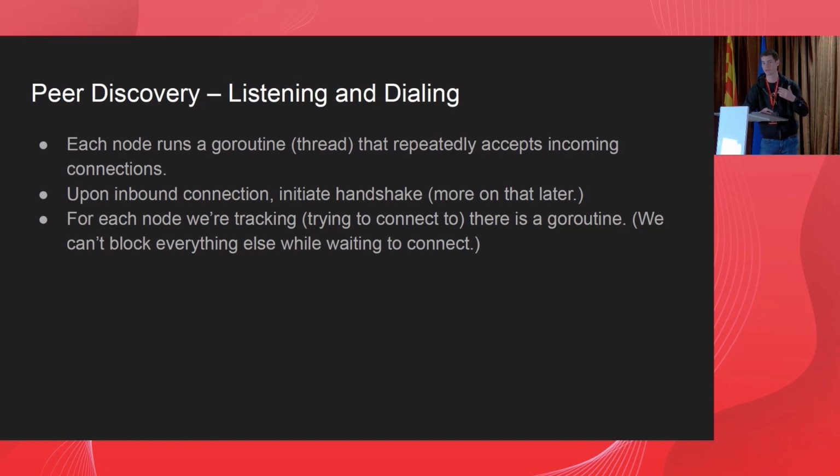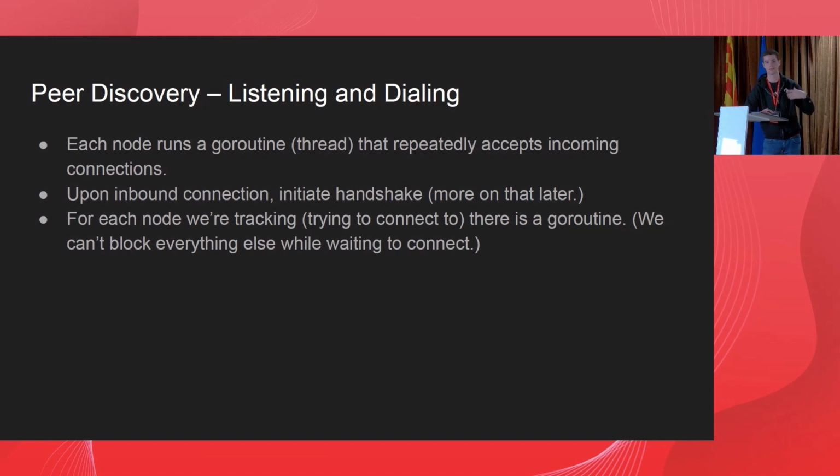Other people are hearing about my IP and who I am and that I'm online, and now they're trying to dial me. So we have this goroutine, which I can't pull up here, unfortunately, but it's basically a for loop that goes on for as long as the node is alive, and it says accept connection, try to do handshake, accept connection, try to do handshake, and on and on.